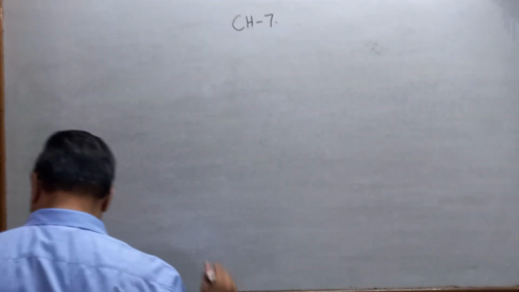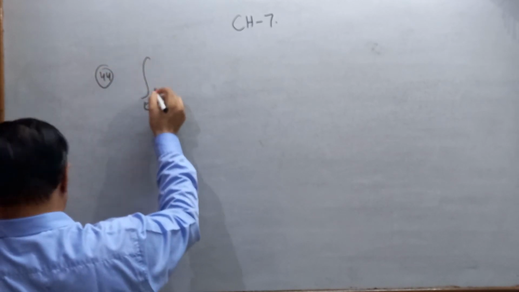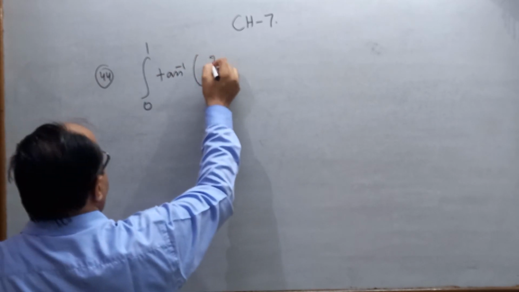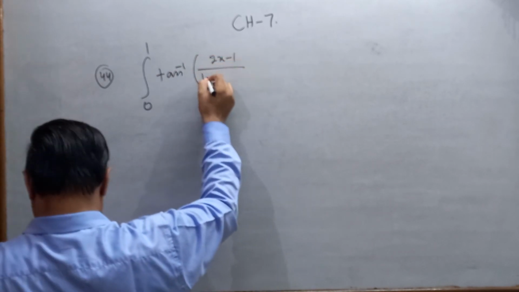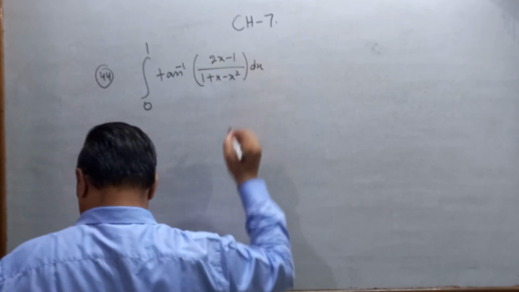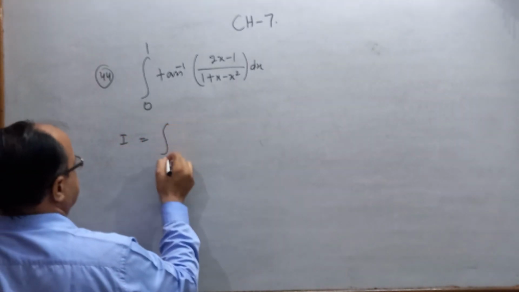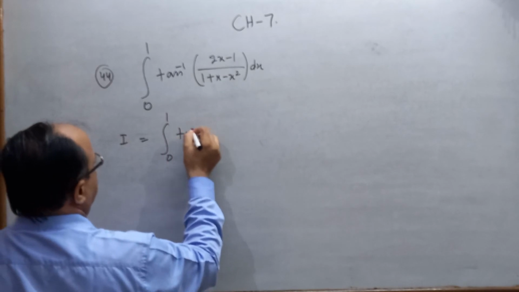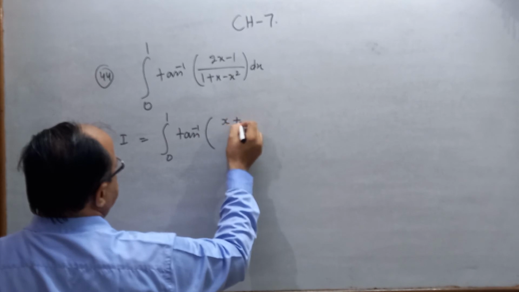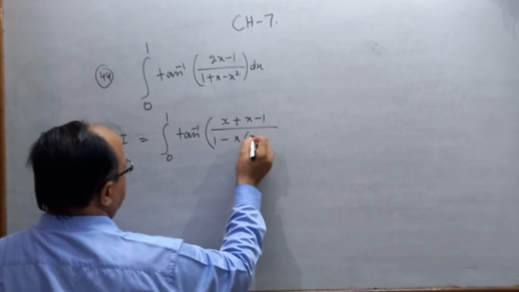Question number 44. Integration from 0 to 1 of tan inverse of 2x minus 1 upon 1 plus x minus x square dx. You can write this as tan inverse of x plus x minus 1 upon 1 minus x into x minus 1.